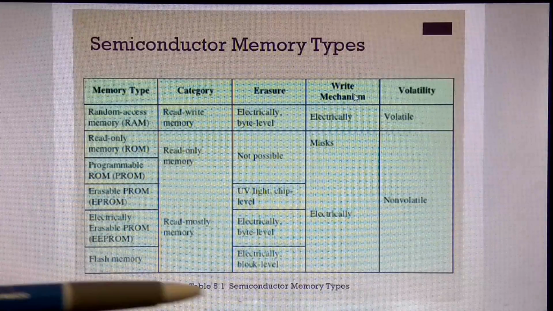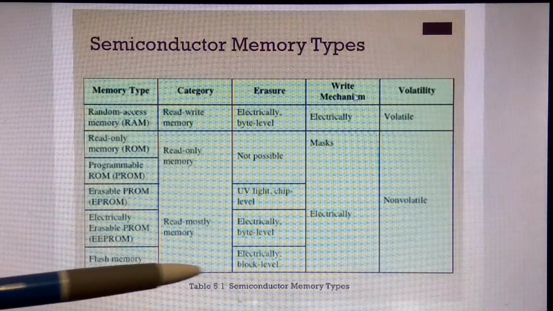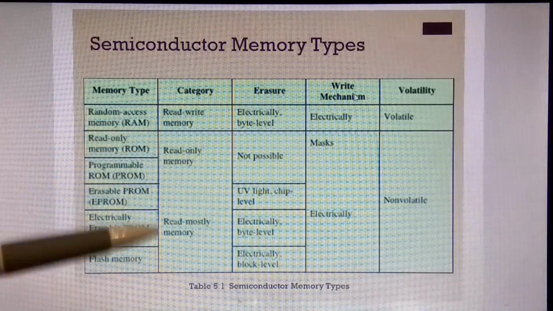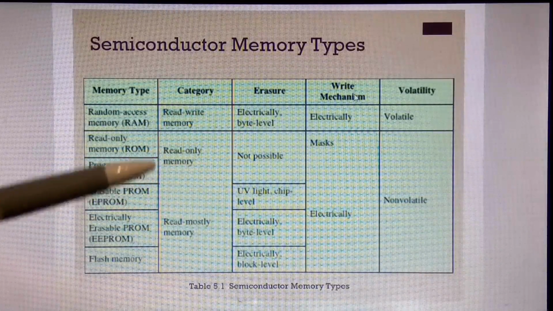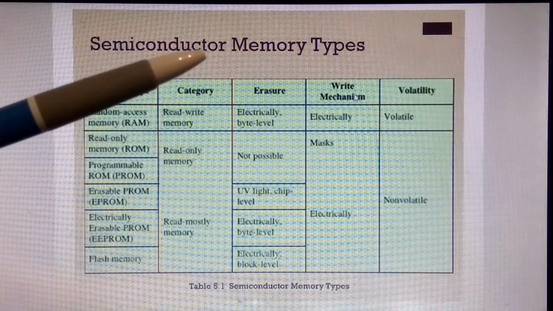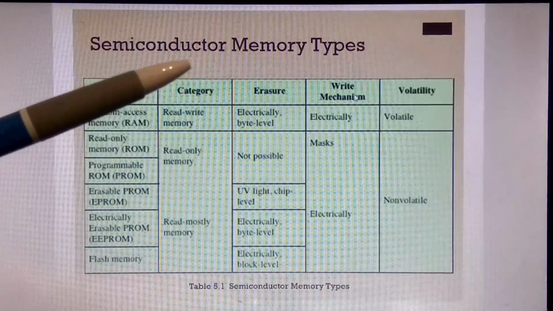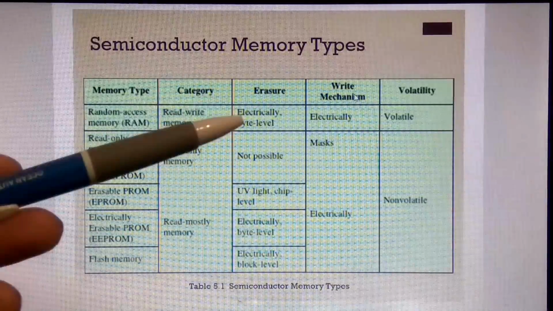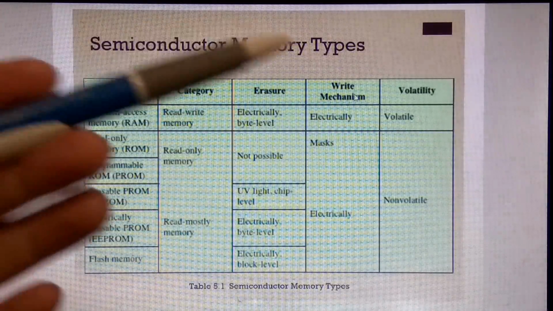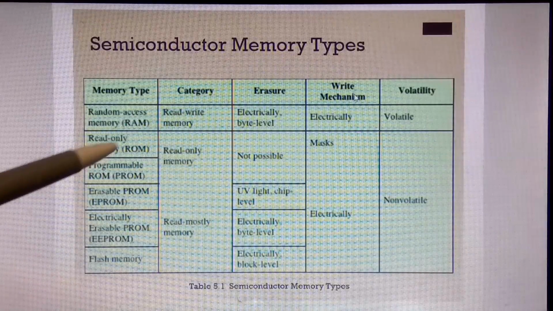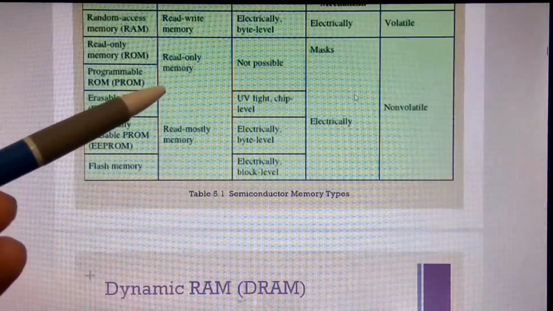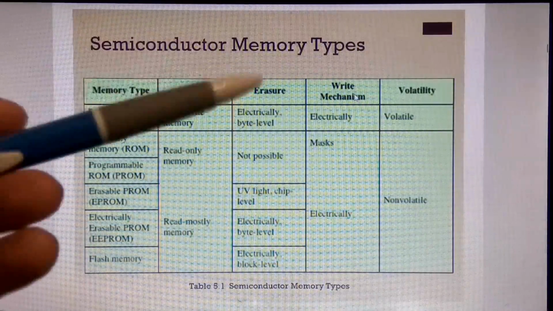These are the categories each type belongs to, for example, read-write memory, read-only memory, and read-mostly memory. Behind them are their characteristics, which depend on whether they are erasable, how the data is written into the memory, and whether they are volatile or not. We will discuss that further.